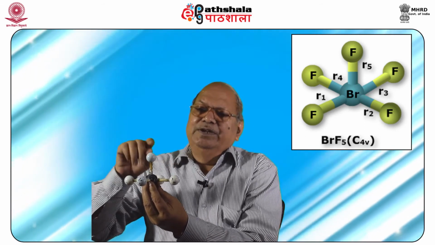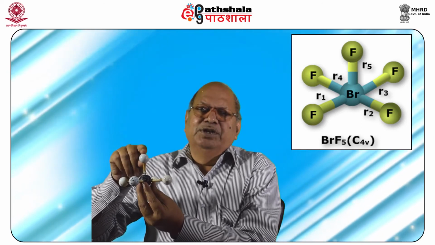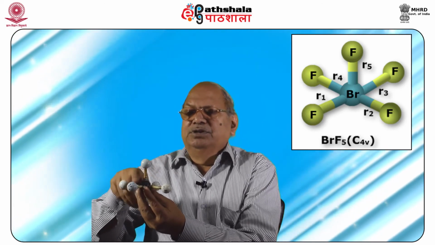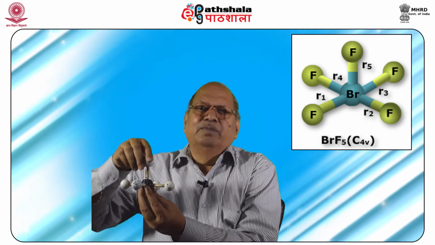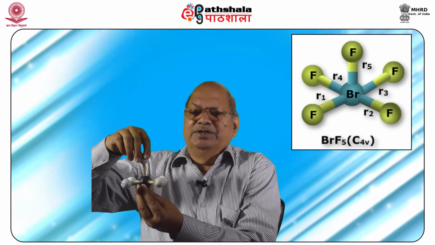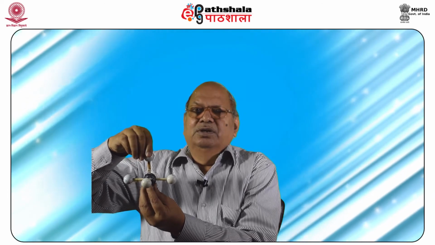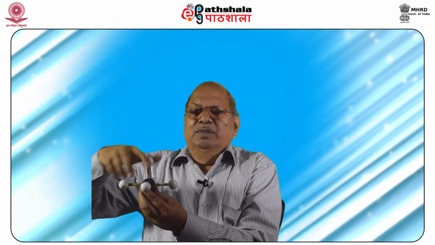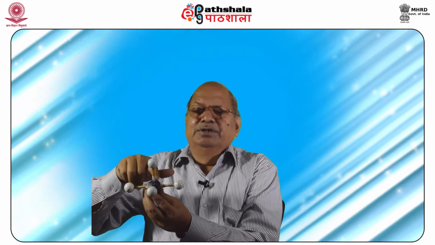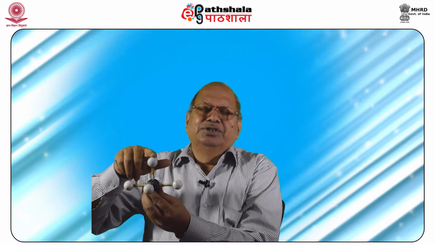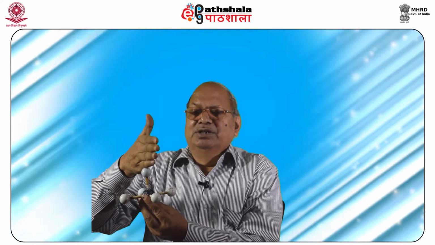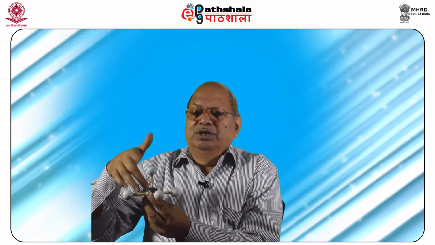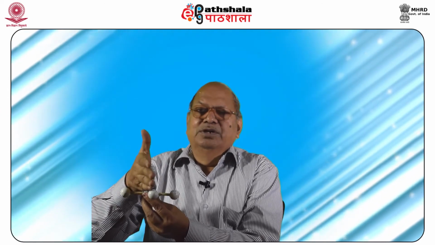If I take operation E, all the 5 bonds are not shifted, so there are 5 unshifted bonds. If I perform C4 on this, all planar bonds are shifted and this bond is not shifted. Now if I take sigma v like this, 1, 2 and 3, 3 bond vectors are not shifted.